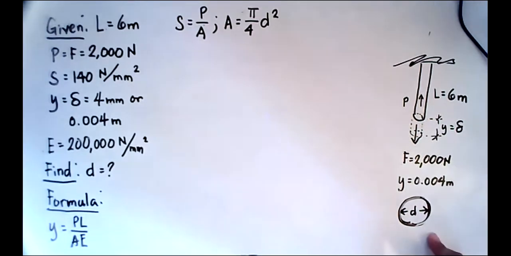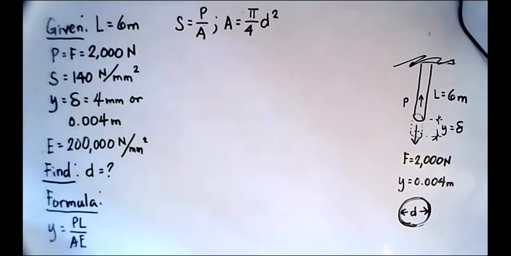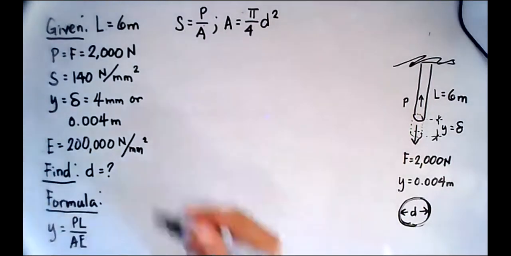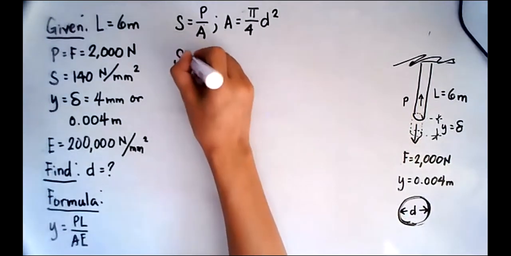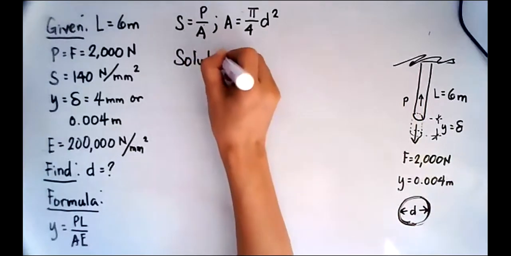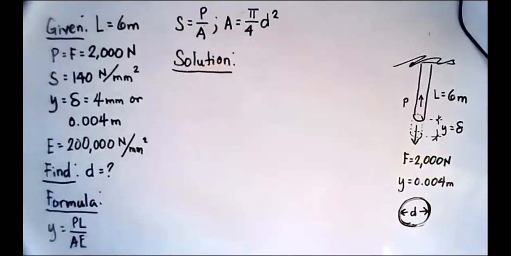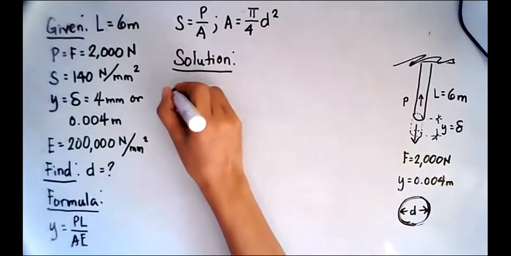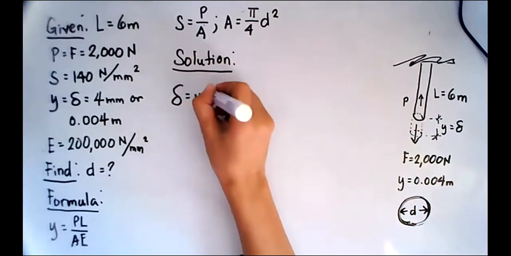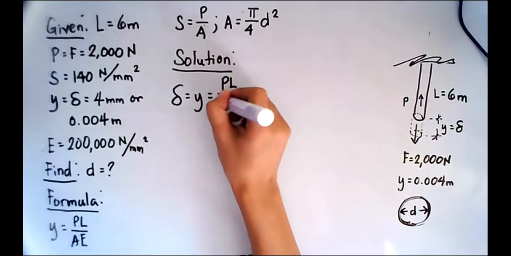But according to this problem, we have a cross-sectional area of pi D squared over 4 because this is a circular section. Okay? So, we are given the deflection. Let us go to the solution. You have the deflection. The deflection is PL over AE.